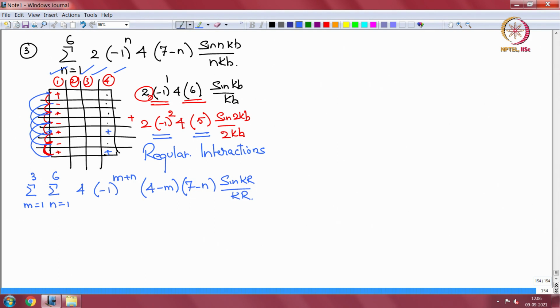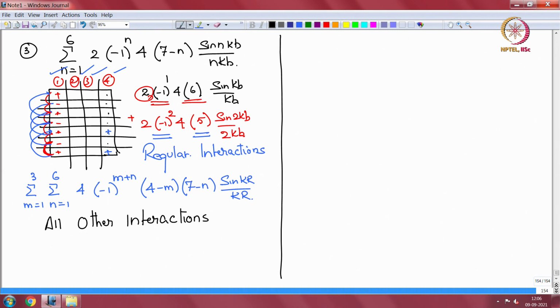So what is this now? In simple terms, this is all other interactions, all kinds of interactions between cells.